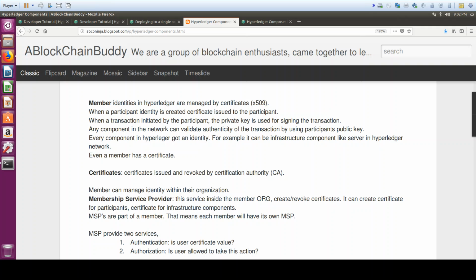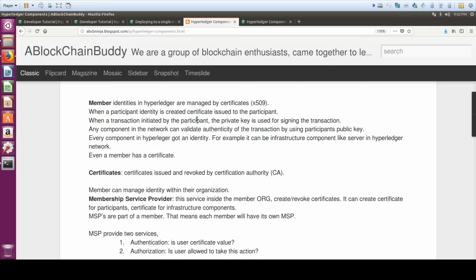Member identities in Hyperledger are managed by certificates. Each member will have a certificate, that is his identity, and a cryptographic standard called X.509 is used. When a participant identity is created, a certificate is issued to the participant. When a transaction is initiated by a participant, the private key is used to sign the transaction, and any component in the network can validate the authenticity of the transaction by using the participant's public key.